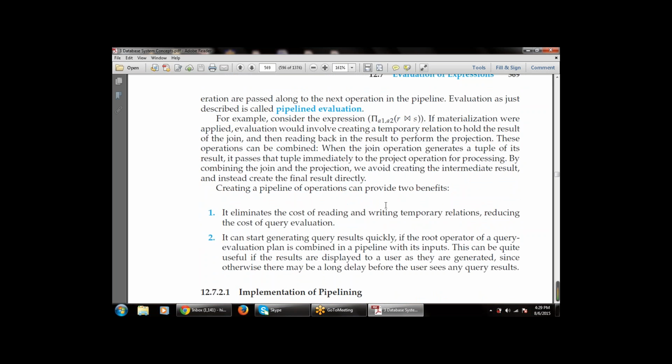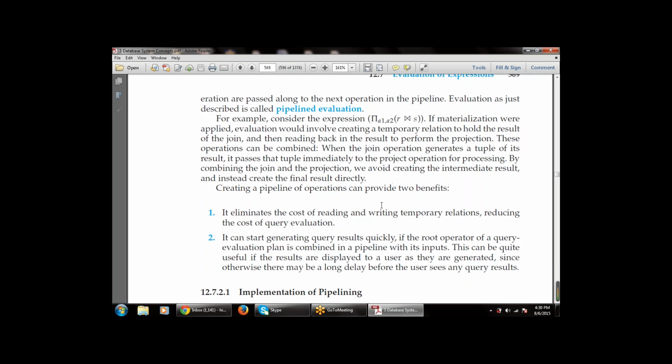Creating a pipeline can provide two benefits. The first is that it eliminates the cost of reading and writing the temporary file. So there will be a saving in the reading and writing times for the temporary relations, reducing the cost of query evaluation.